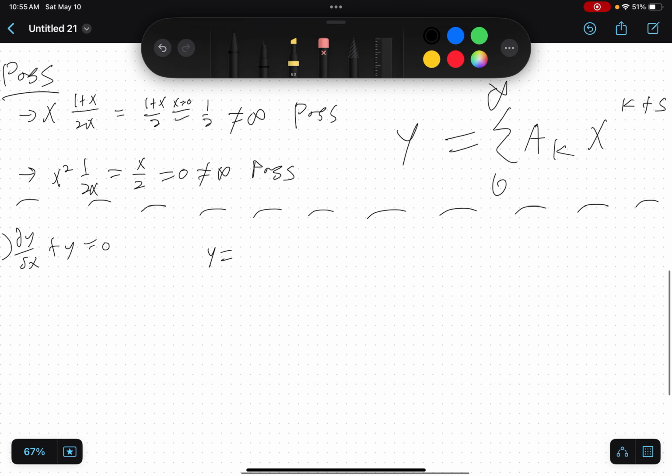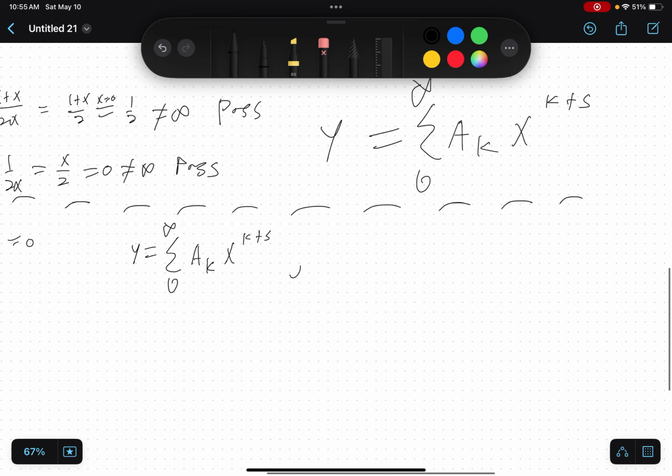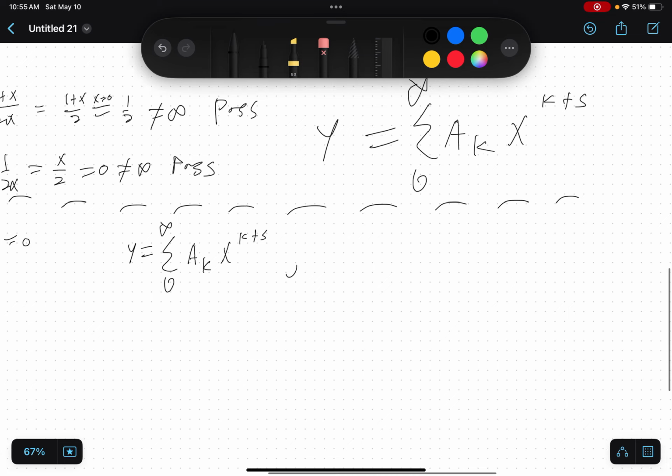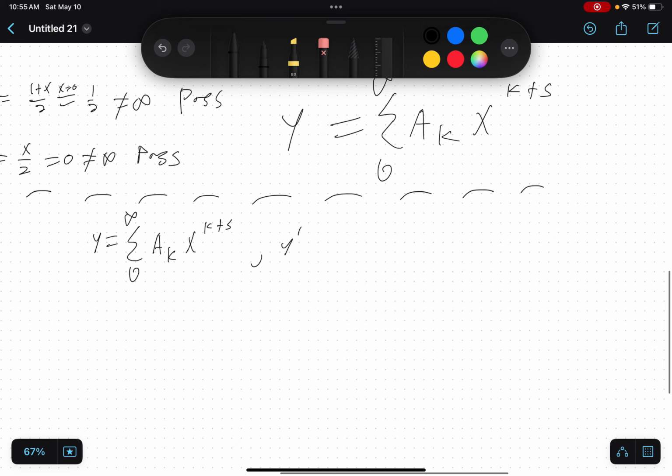So we have y equals the sum from 0 to infinity. And then we have y prime equals the sum from 0 to infinity of a_k, you multiply the k plus s down, and you have x to the k plus s minus 1.